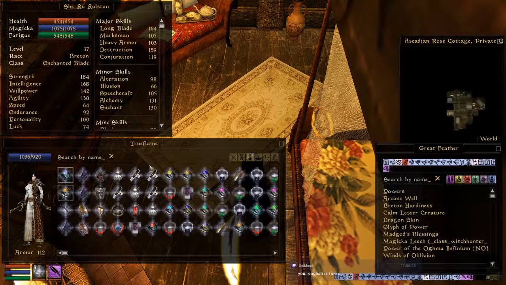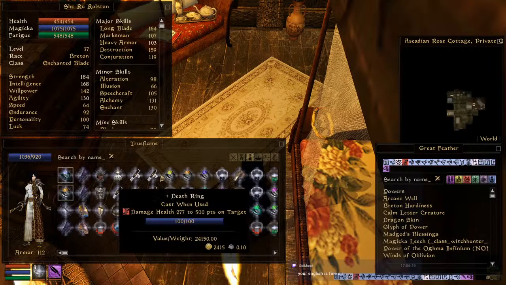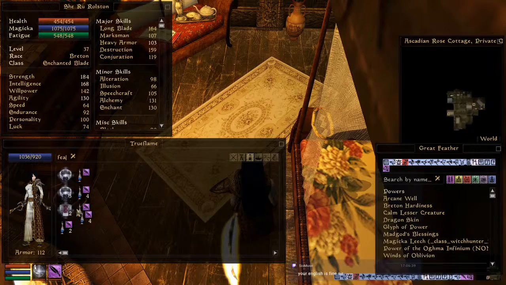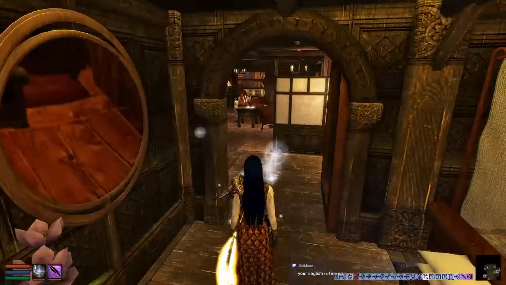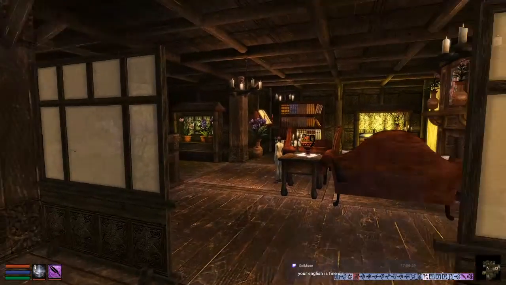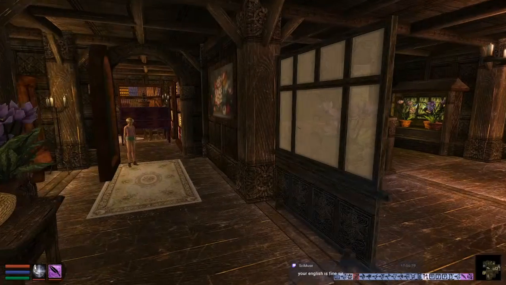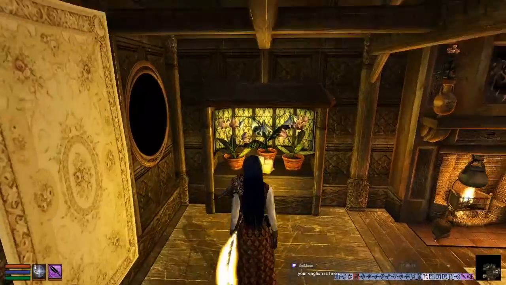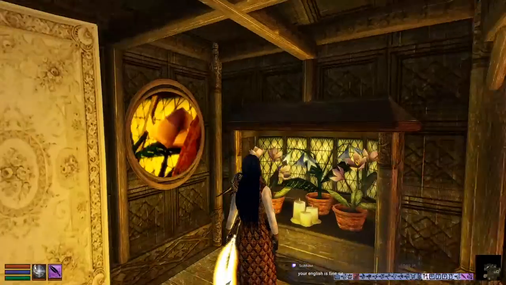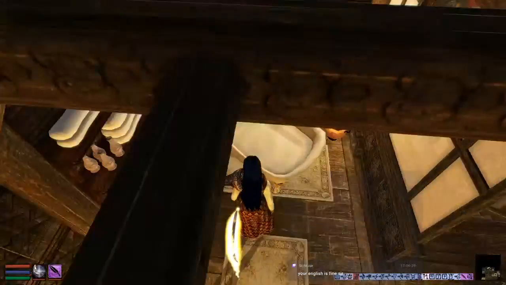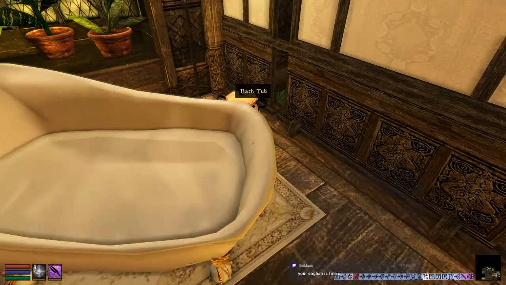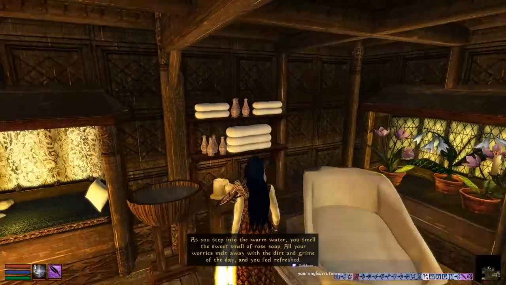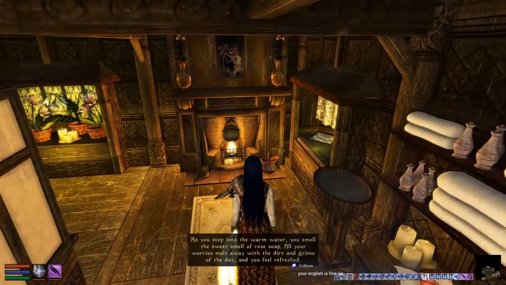Anyway, let's get our usual feather potion. And as we are here, I will show you also another mirror and this great bathtub, which is giving us some perfume.